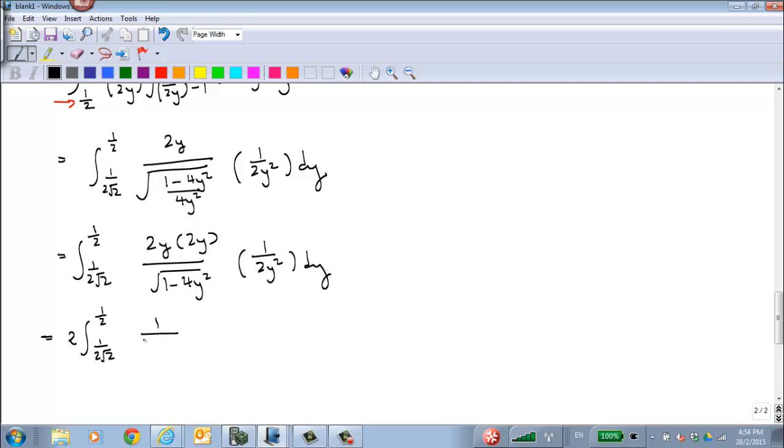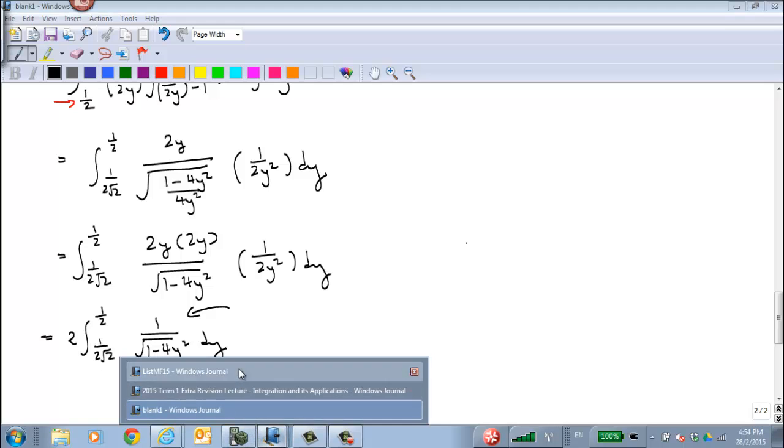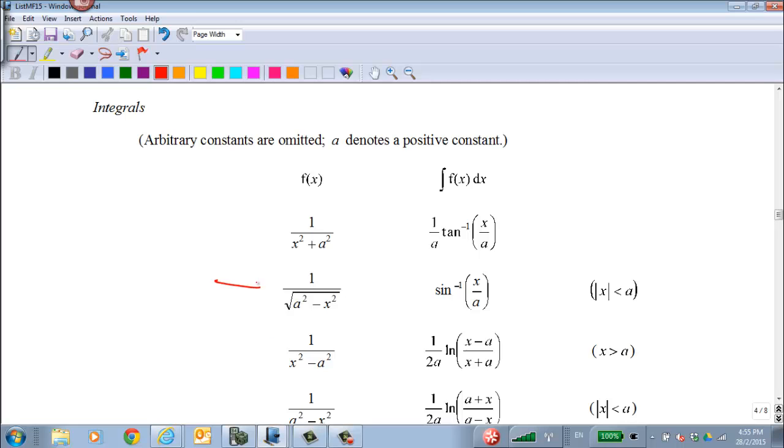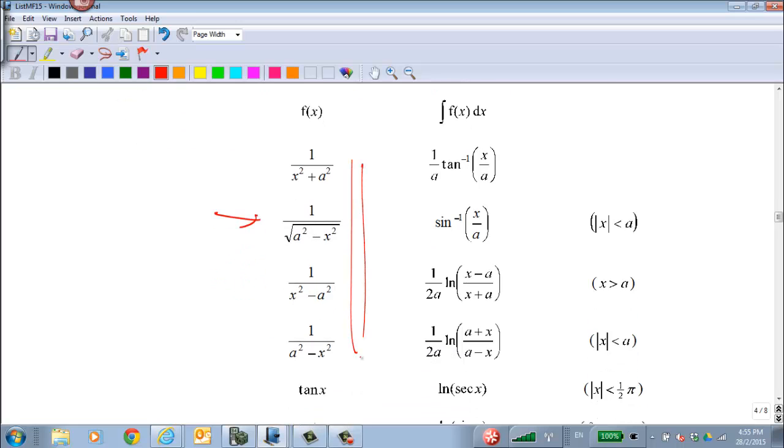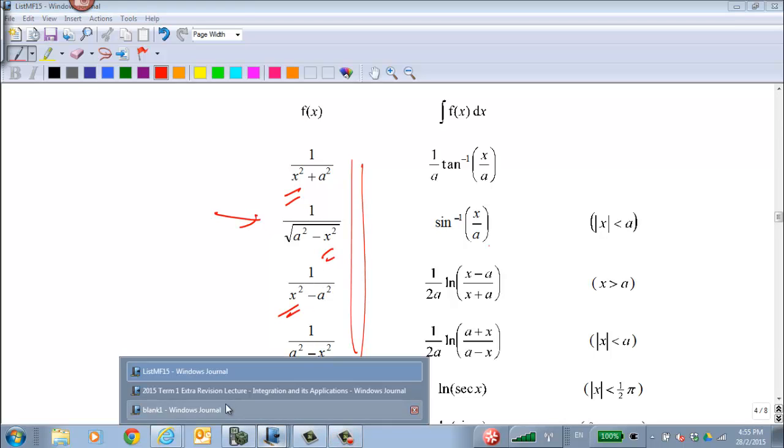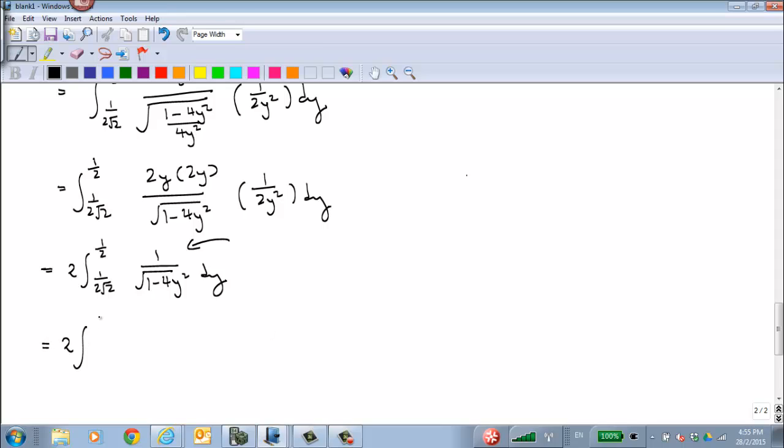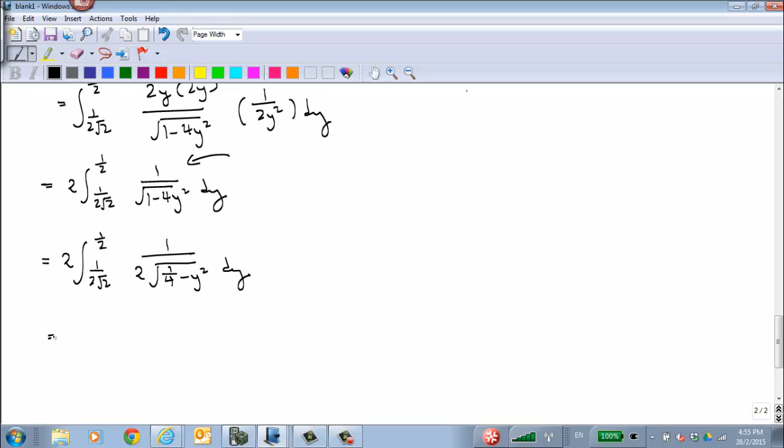And how do we do this integration? We will be using the formula in the formula list, which is this one. But take note that in order to use all these formulas in the formula list, all the coefficients for x, you have to make sure that they are all 1 before you apply the formula. Therefore, before you even start to apply the formula, you have to factor out the 4 because it's a square root, so it becomes a 2.